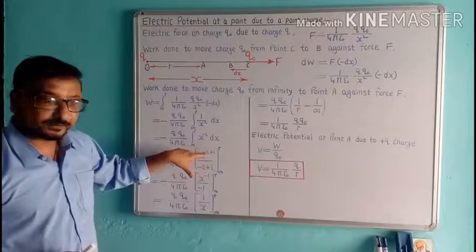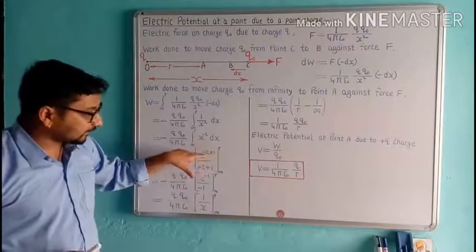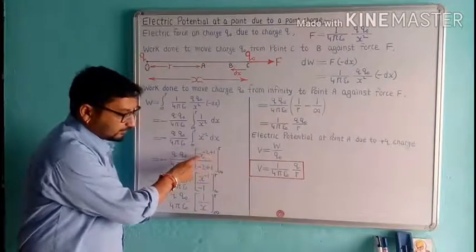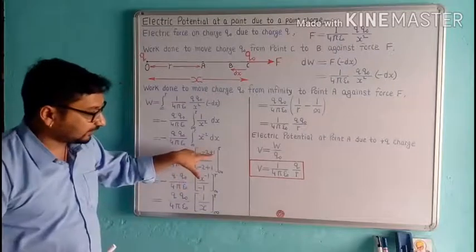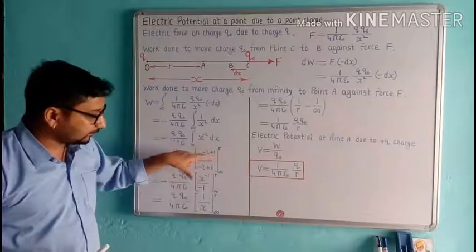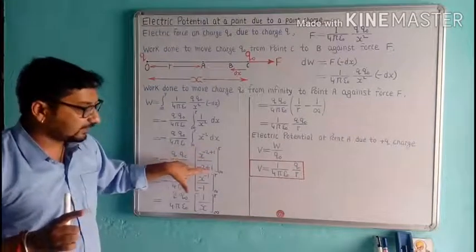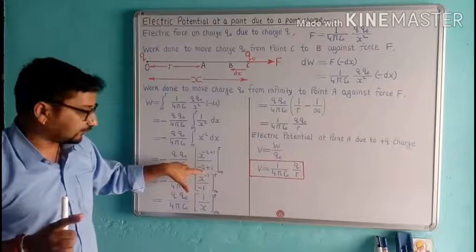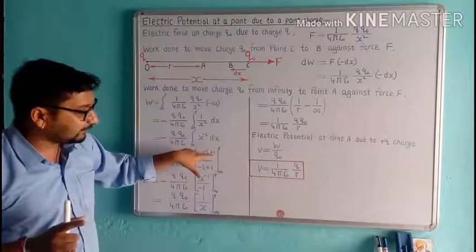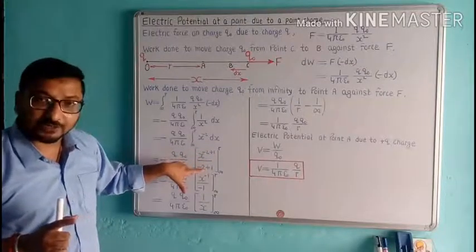Now when we integrate x to the power minus 2 dx, we add 1 to the power, x to the power minus 2 plus 1, and we write the same number that is in the power of x in the denominator as well.